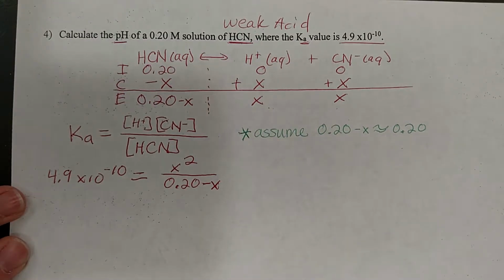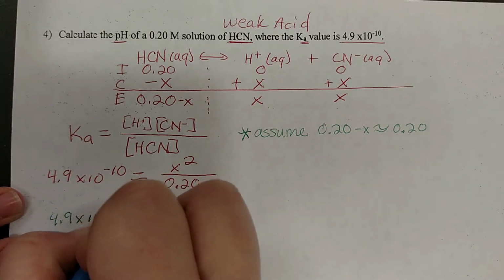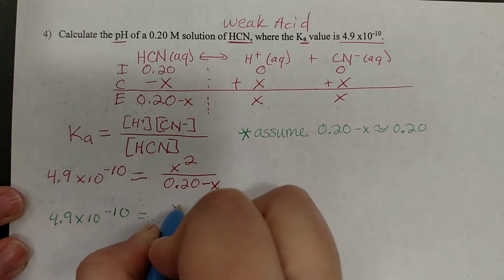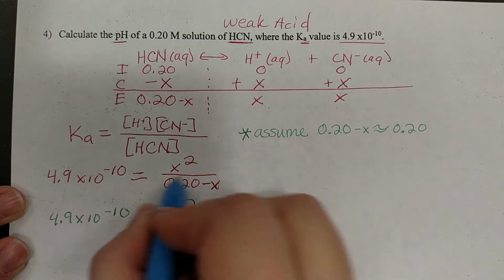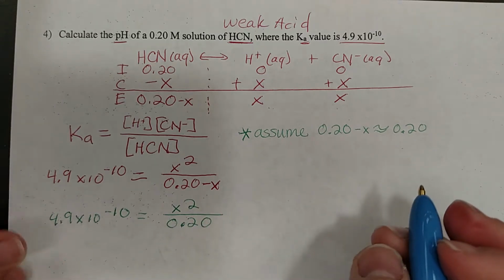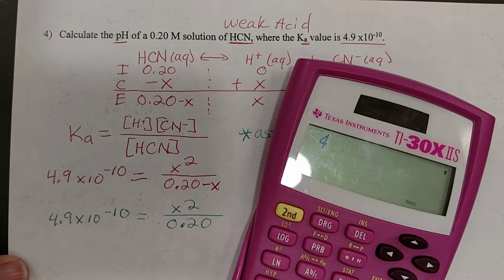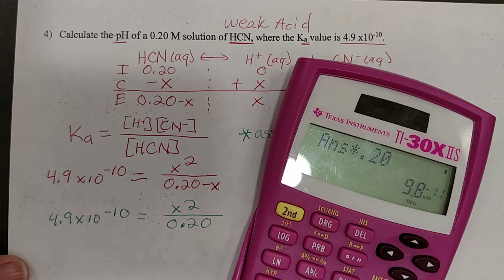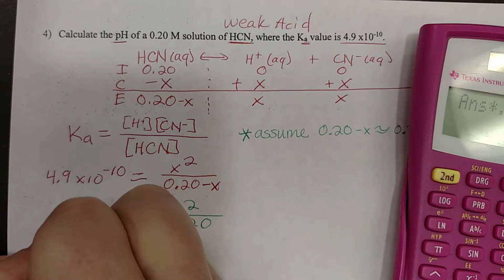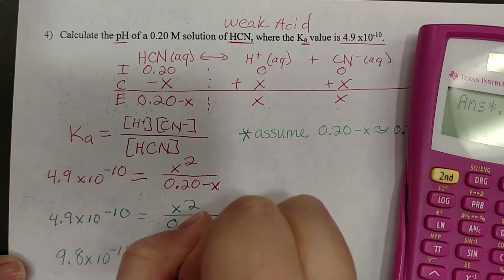Okay, so we rewrite our equation with that. 4.9 times 10 to the negative 10th is equal to x squared. We keep that x on the top, and we reset this bottom part to just 0.20. We can go ahead and multiply this number to the other side. So 4.9 times 10 to the negative 10th times 0.20, 9.8 times 10 to the negative 11th, equals x squared.